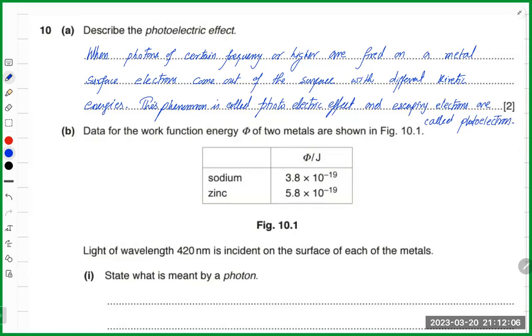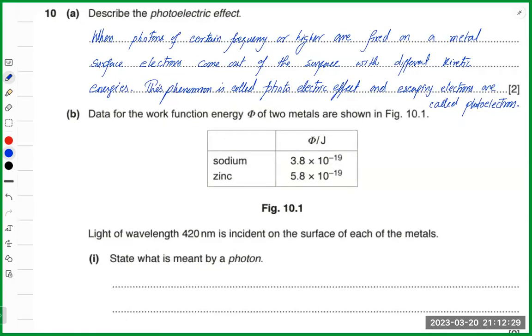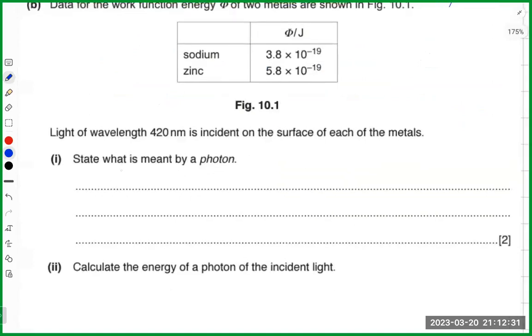Now, data: work function of metals is shown. Sodium is 3.8 into 10 to the power minus 19, 5.8 into 10 to the power minus 19 for zinc. The wavelength of 420 nanometers is incident on the surface of each of the metals. What is meant by photon? It is again a very, very favorite question of the examiner.